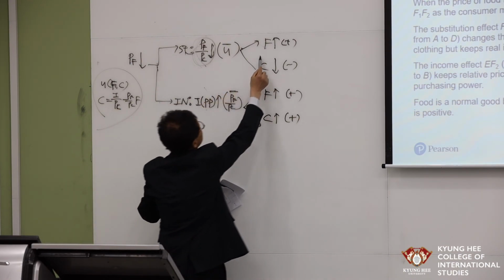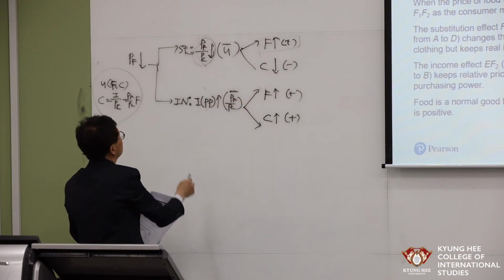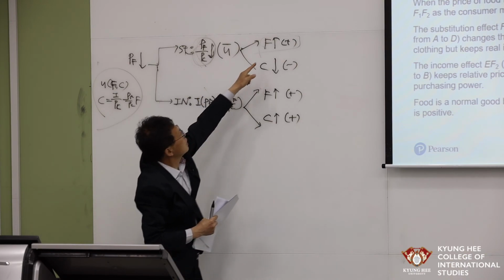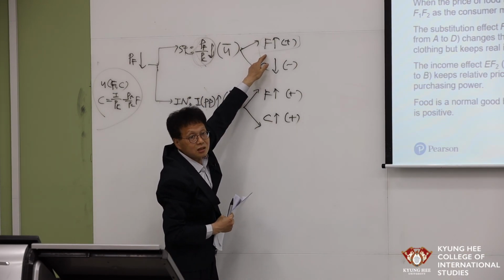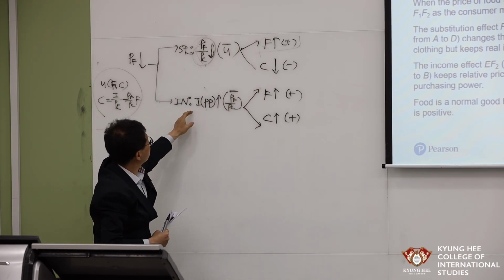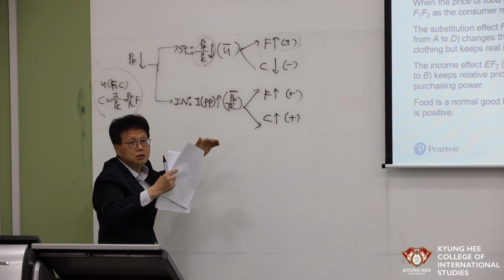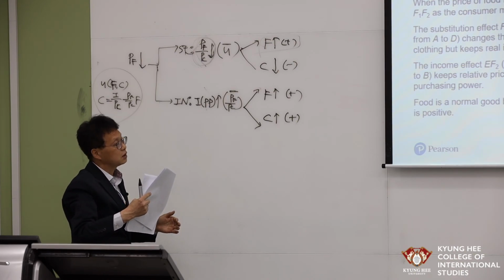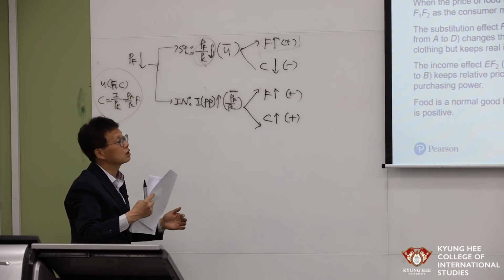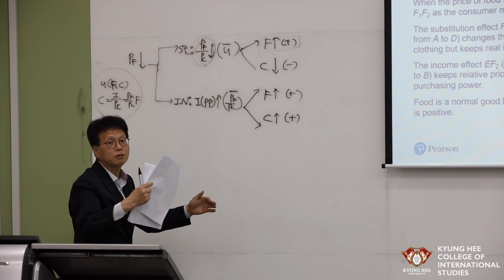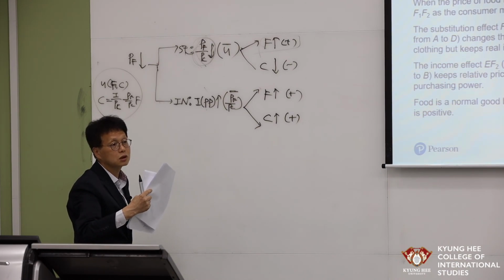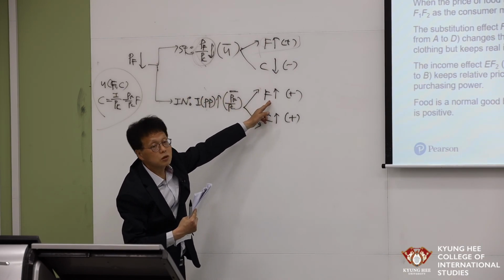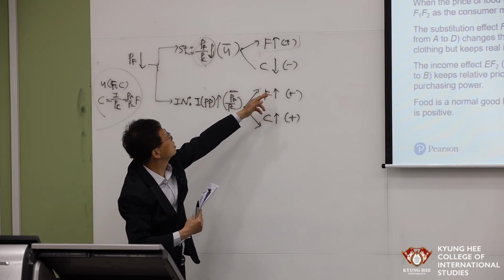Right? Substitution effect is positive. Relative price PF decreases, demand for food increases. Right? And the income effect. Anyway, purchasing power increases because price of one good decreases. So it is like increasing your income. You can purchase more than before because price of one good decreases, right? So you become richer, in other words. So consumption of food increases, right?